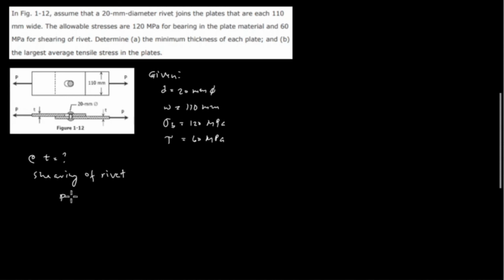And the formula, P is equal to tau times A, and the value for the shearing stress is 60 megapascal, multiplied by the cross-sectional area of the rivet, which is pi over 4 d squared, or 20 squared, and P is equal to 18,849.6 Newton, or it is equivalent to 18.85 kilonewton.